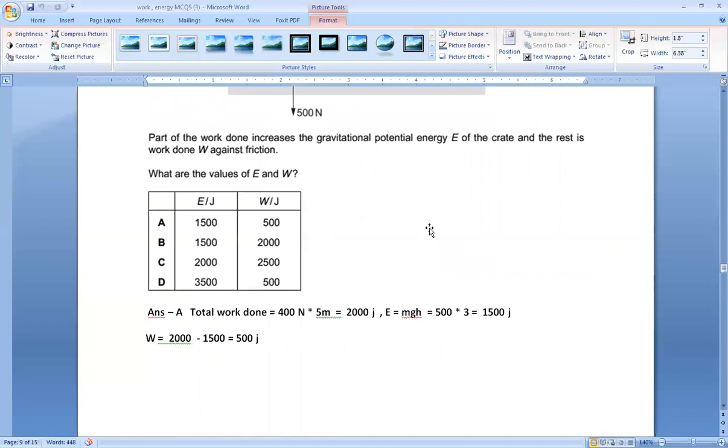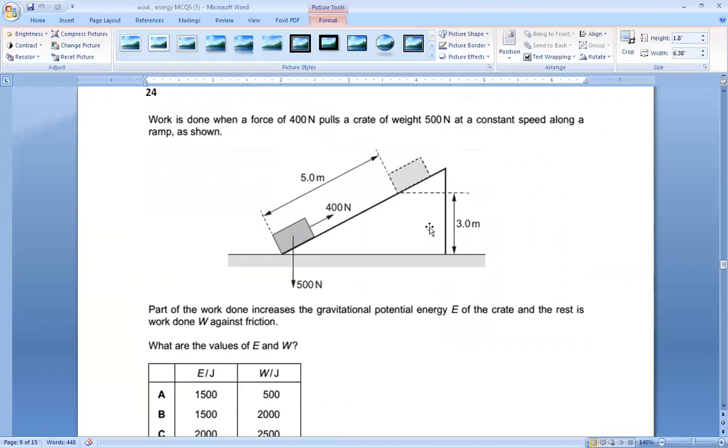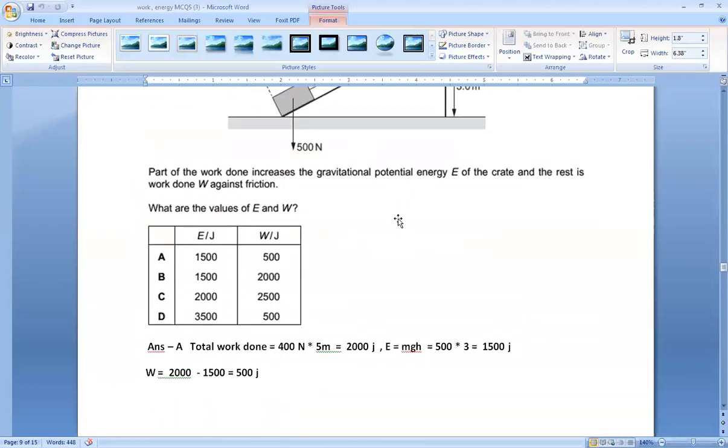Total work done will be F into D, 400 Newton into 5, the length of the incline. That will be 2000 joules. If you subtract 1500 from 2000, the answer is W. So the wasted energy is 500 and the energy converted into potential energy is 1500. So our option is A.